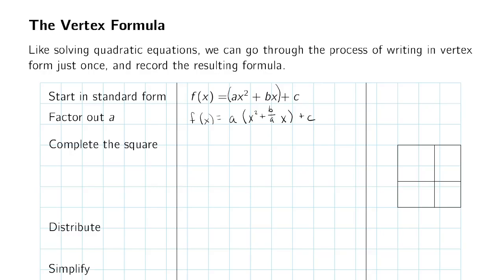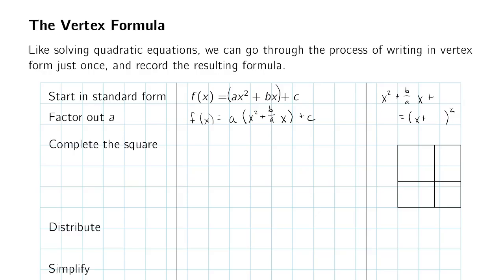And then the constant just hangs around. So now it's time to complete the square. We'll have x squared plus b over a x plus a constant equals x plus something squared.